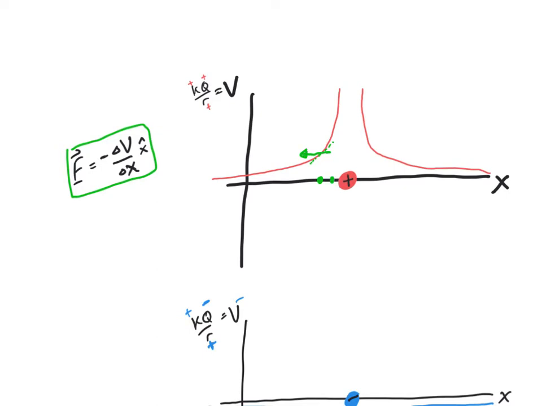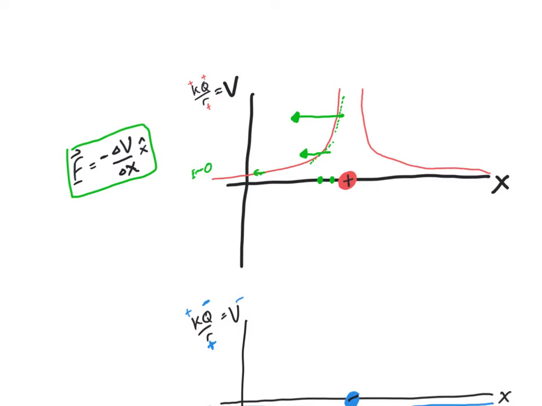Here, there's still a positive slope, but it's a much more positive slope. So the electric field is stronger. And way out here, it's significantly less. And as you get way out here, you end up with an electric field that's basically zero as this voltage levels off, approximately.